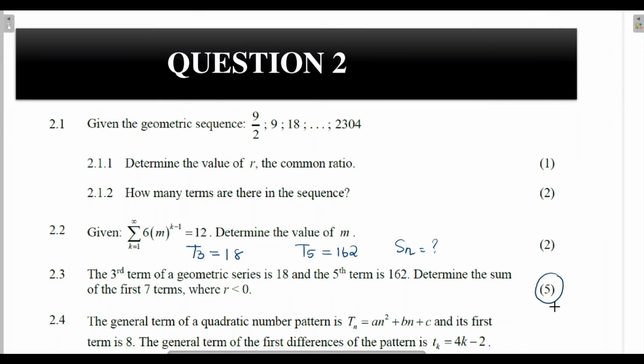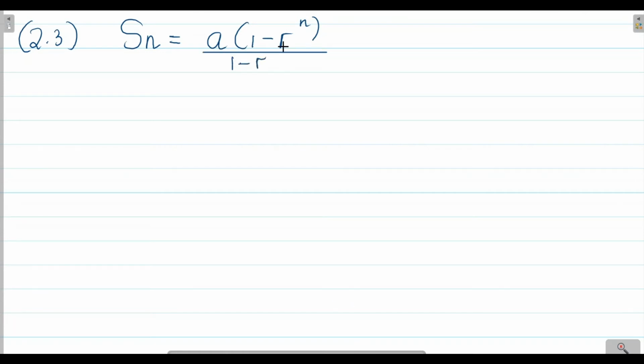So how do we approach this question? First thing that you guys need to remember is that when we're calculating the sum of a geometric series where your R is less than 0, your sum is calculated using the formula Sn equals A(1 minus R to the power of n) all over 1 minus R. This is the formula that we use when your R is less than 0.